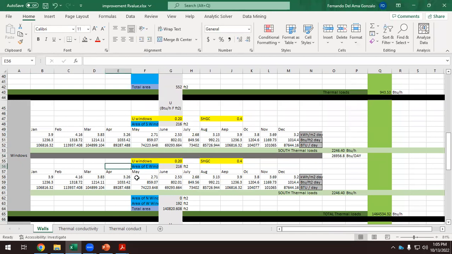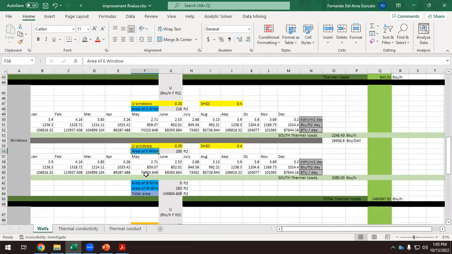Here we have the area of eastern windows, whatever you have, 100 or whatever, the area. We need the U value and the solar heat gain coefficient. We might have different windows in different orientations. In small buildings, it doesn't make sense, but in big buildings, it makes sense, okay? But we need, again, the information about the U value of the window and the solar heat gain coefficient. And we need the area of the eastern windows.